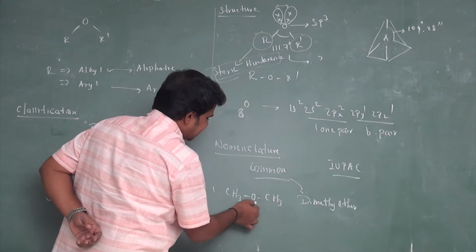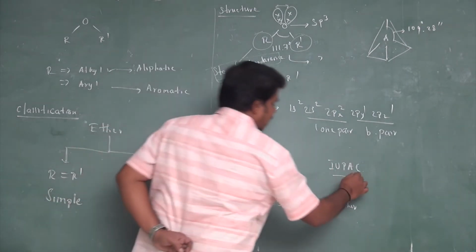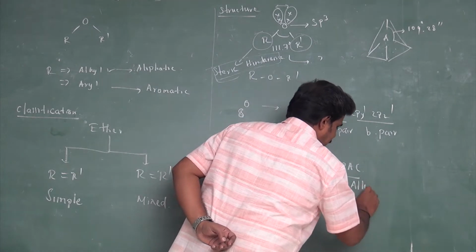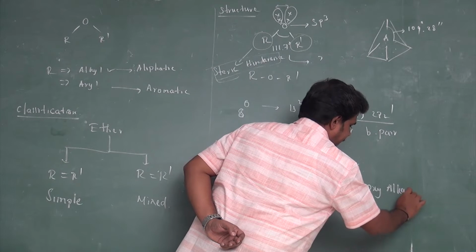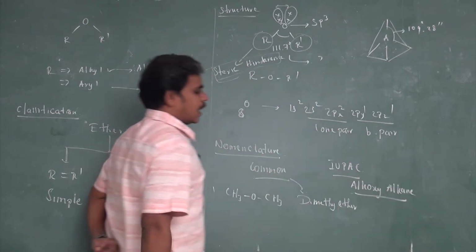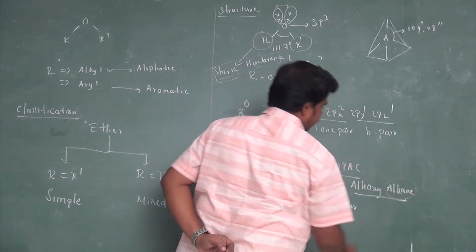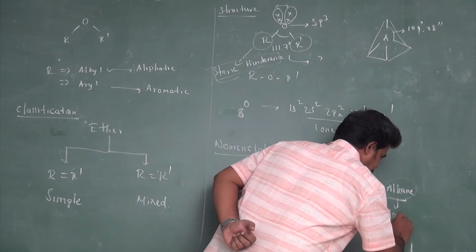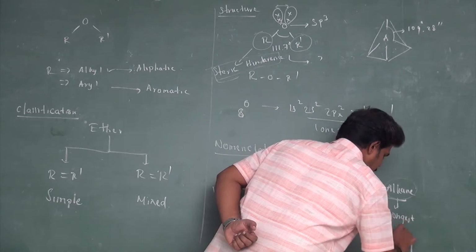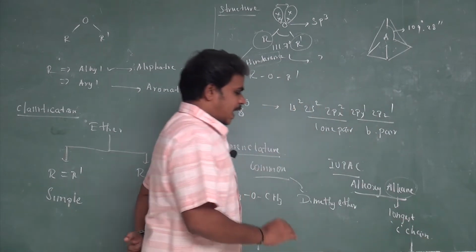Now, in the case of the IUPAC name, what do we do? First, we separate the alkyl groups. The IUPAC name is alkoxy-alkane. Which one is considered as the alkane? The longest carbon chain is considered as the alkane.